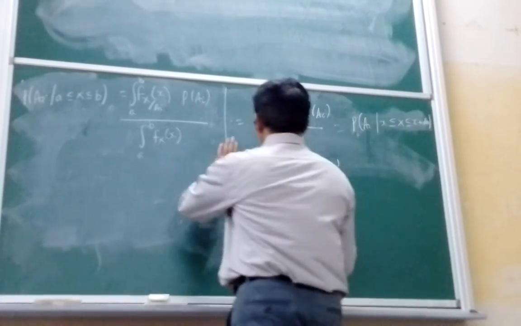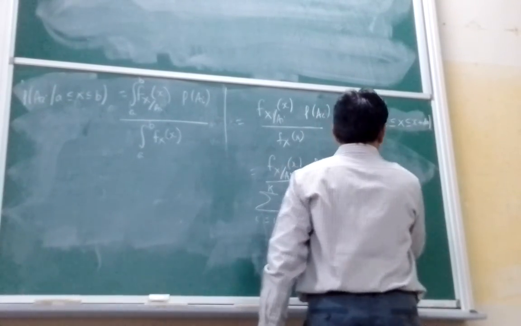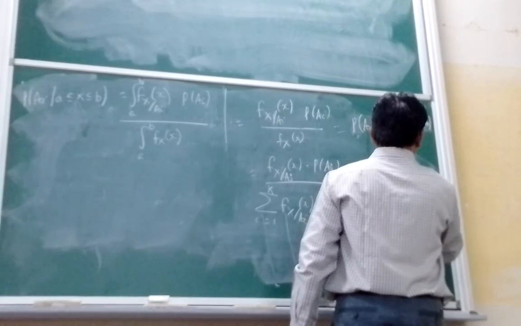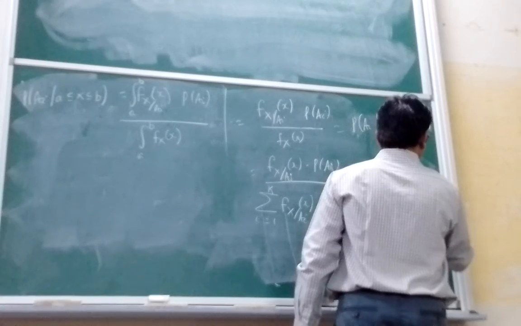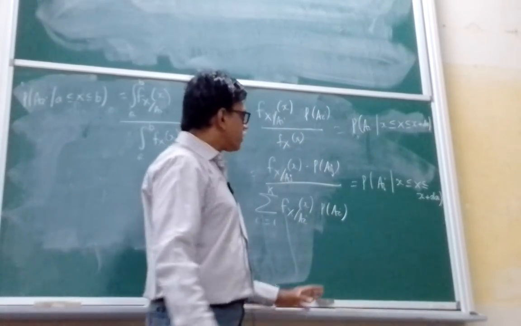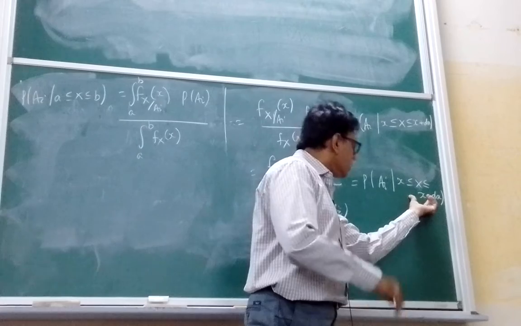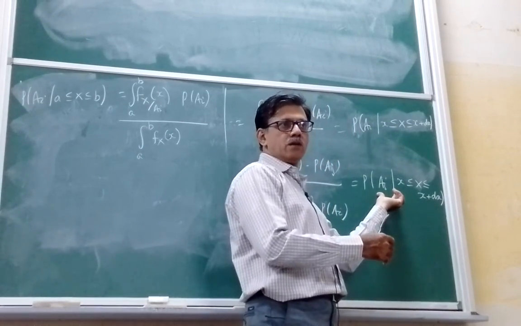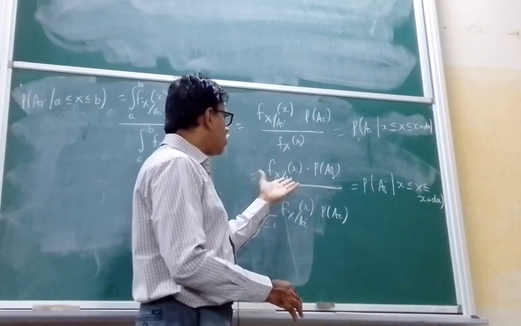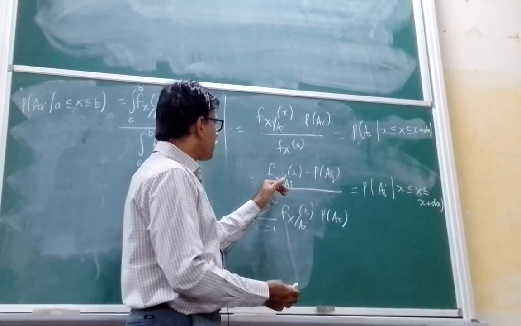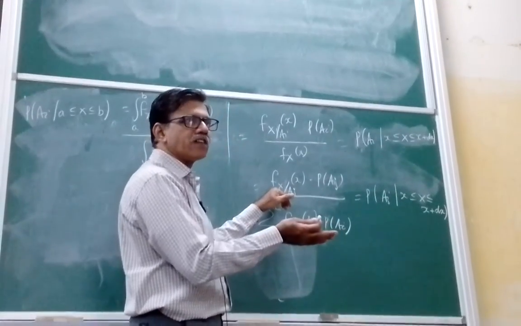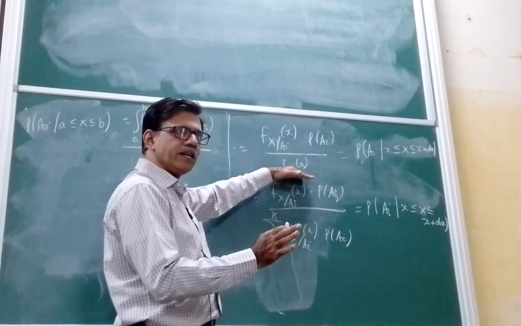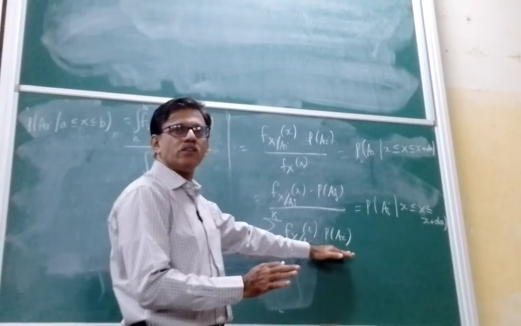And here, given that x takes a value in the neighborhood of small x, what is the probability that aj is the event that would have occurred can be found out using a form like that. That is, conditional density function of x given aj into p of aj divided by the unconditional density function, which again can be written like this.